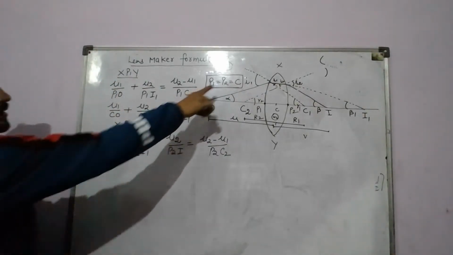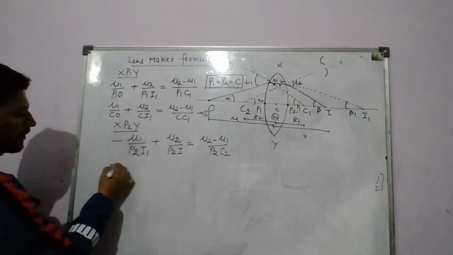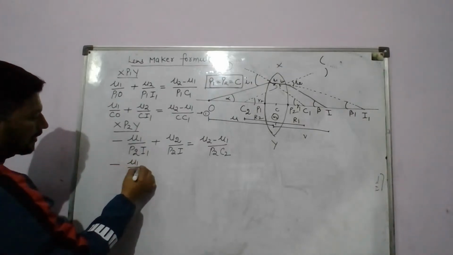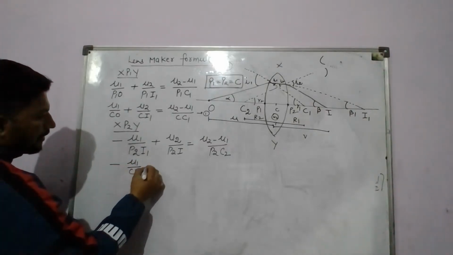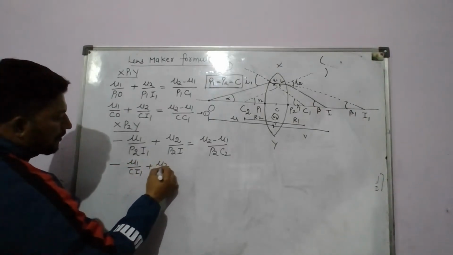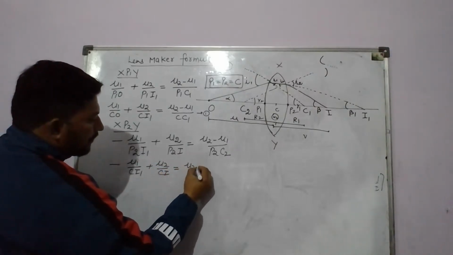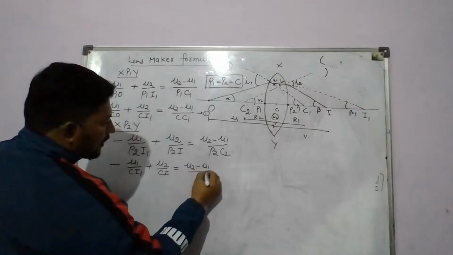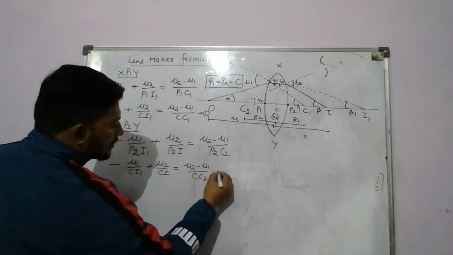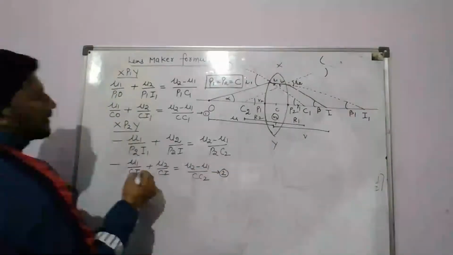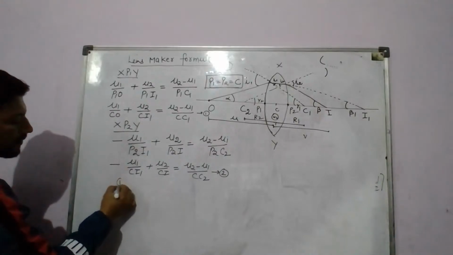Again we write according to this concept: minus mu1 upon CI1 plus mu2 upon CI is equal to mu2 minus mu1 upon CC2. This is your equation number 2. Now adding 1 plus 2.